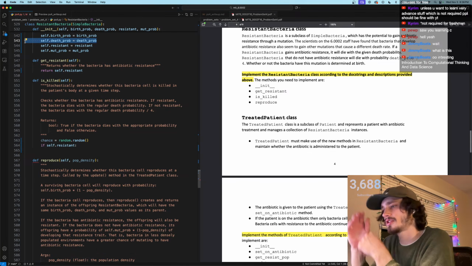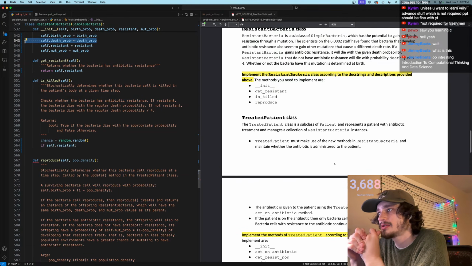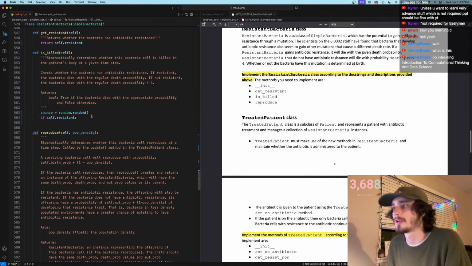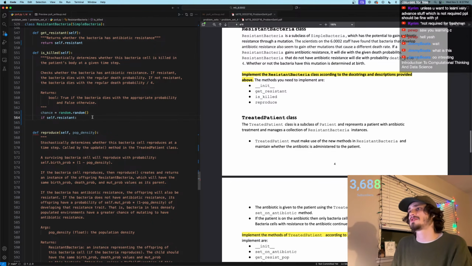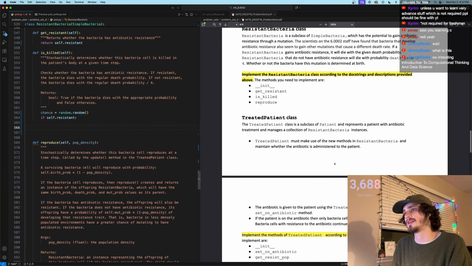I'm confused. Am I checking? So I'm checking if it is killed here. Right? So check whether the bacteria has antibiotic resistance. If it is resistant, oh, okay, got you. So if resistant, we're going to check here if our chance is within the death probability.